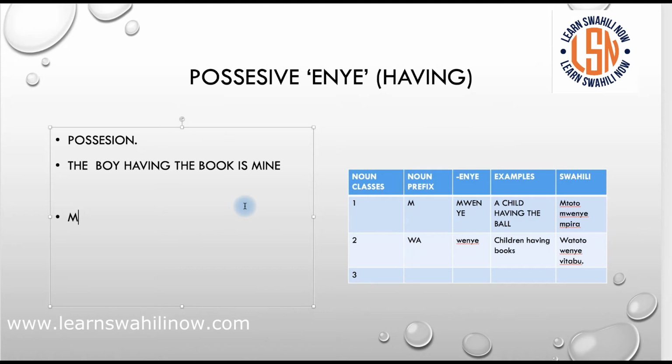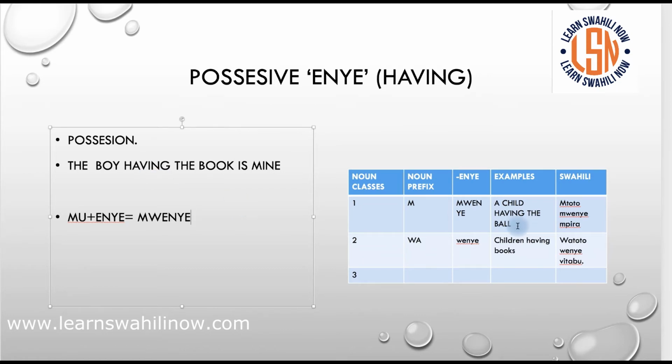Initially it used to be mu because this is a Bantu language. Swahili is a Bantu language, so it has a lot of silent mus that have been removed just for pronunciation purposes. So you add the enye, and guess what we have? Mwenye. So for noun class 1, the possessive enye will be rendered as mwenye.